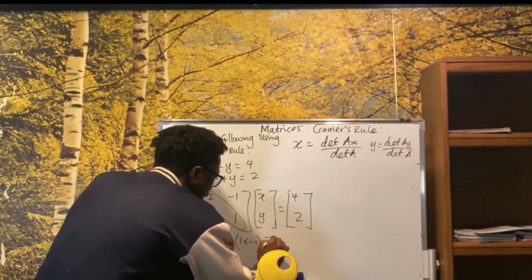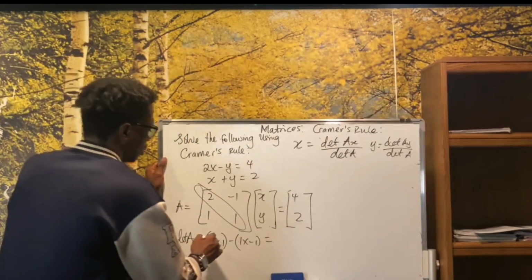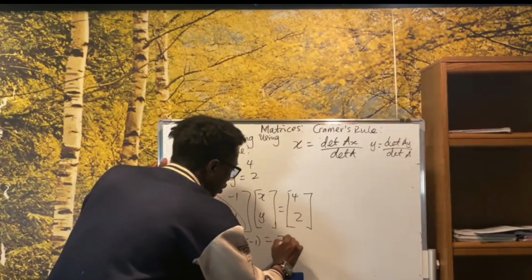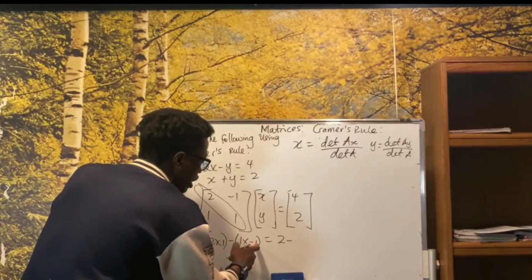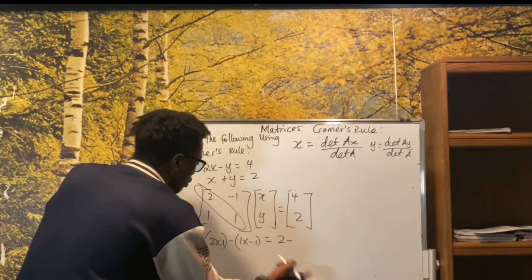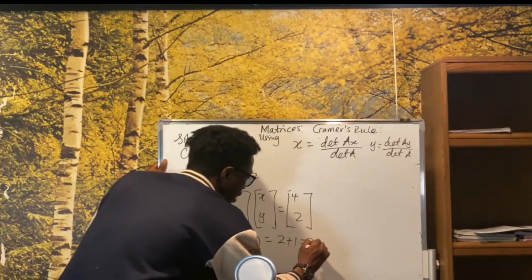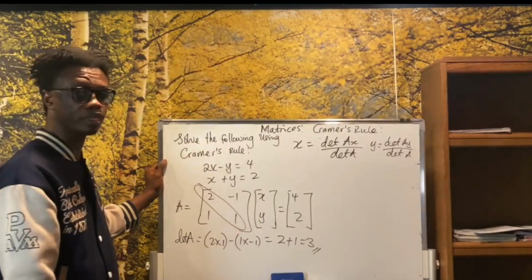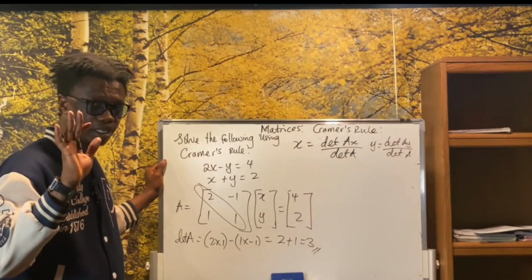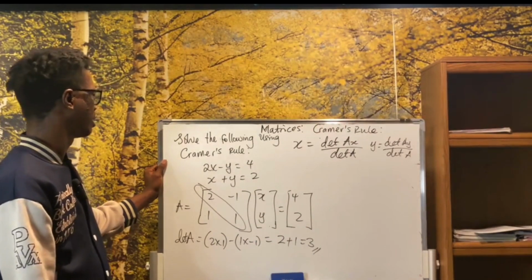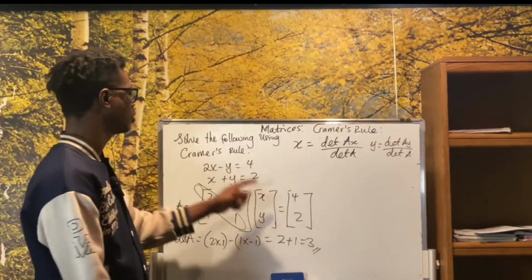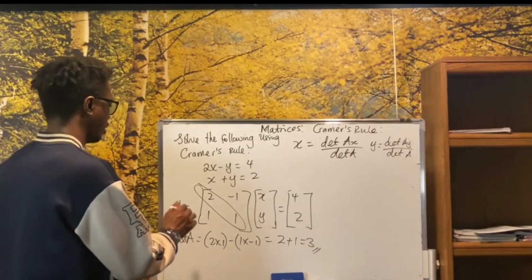So your answer here becomes what? This is 2 minus 1 times -1 is -1, and -1 times this becomes +1. So your answer here becomes 3. Is that clear?